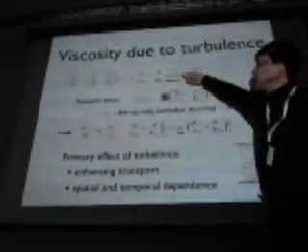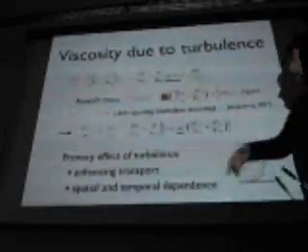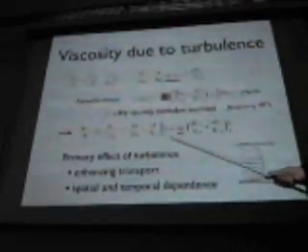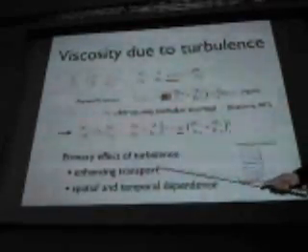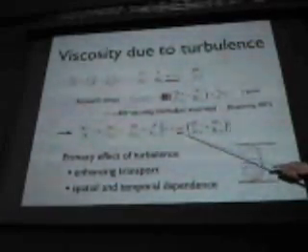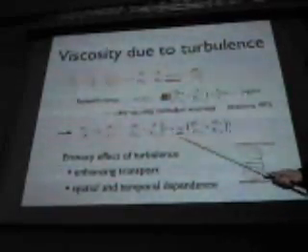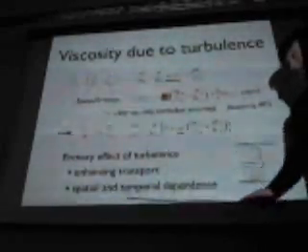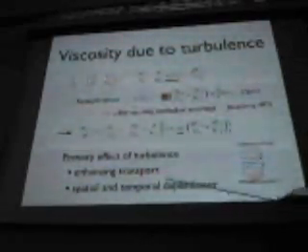If we substitute this into the Reynolds stress, then we have this type of enhancement of molecular viscosity. The effective viscosity is enhanced, so we have enhanced transport. Also, nu-T is not a property of the fluid but of the flow, so nu-T itself has spatial and temporal dependence.